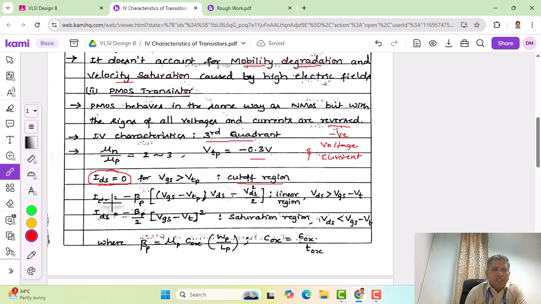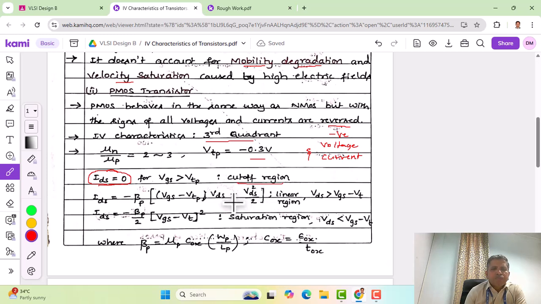The drain to source current in the linear region is minus beta P. We already explained what beta is. Beta consists of process parameters and the geometry of the transistor, which is W by L. So it is negative here, that is an observation we need to make. And these terms remain the same as the NMOS transistor, which is VGS minus VTP into VDS minus VDS square divided by 2.